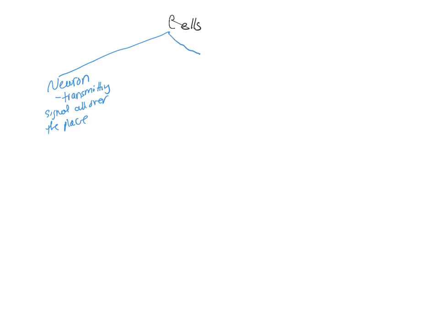But over here, we have a different type of nerve cell called neuroglia. Oops, misspelling that. So, cells of the central nervous system and the peripheral nervous system.